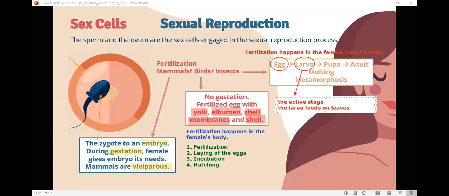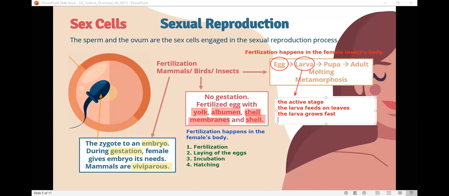The larva eats a lot. Does it grow slowly or fast? Fast. The larva grows fast and loses its exoskeleton. Perfect. Bravo. How many times?